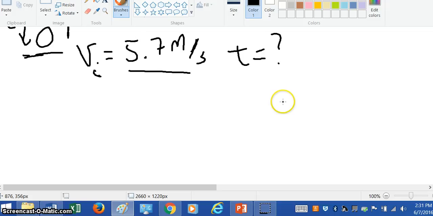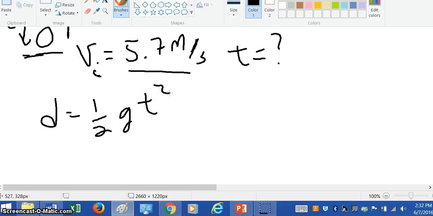All right, so how do we figure out the distance? Well, we know that the distance is equal to 1/2 g t squared. But that doesn't really help us because we don't know the time. What we do know is there's another equation, the equation for the velocity: the velocity is equal to g times t.